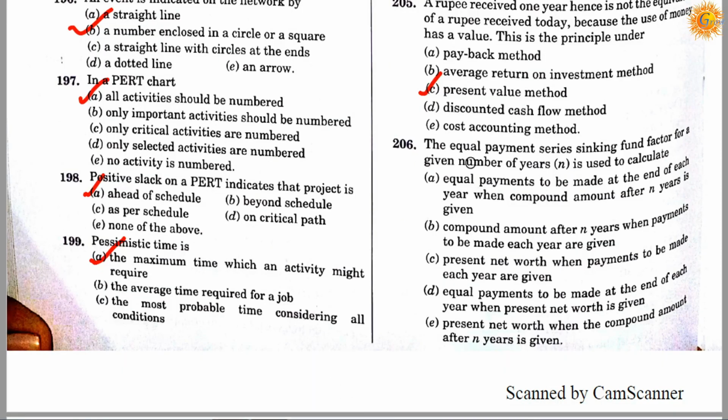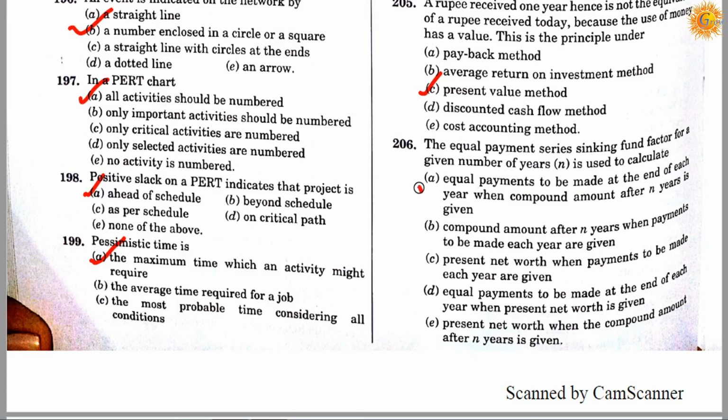Question number 206. The equal payment series sinking fund factor for a given number of years is used to calculate: option A, equal payment to be made at the end of each year when the compound amount after n years is given; option B, compound amount after n years when payments to be made each year are given; option C, present net worth when payments to be made each year are given; option D, equal payments to be made at the end of each year when present net worth is given; option E, present net worth when the compound amount after n years is given.